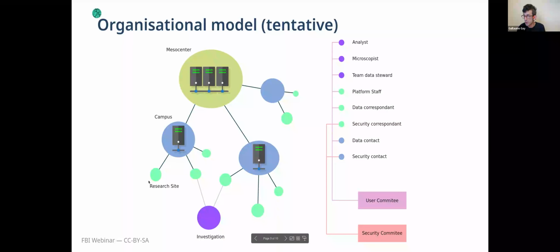As I said, the research site is the smallest unit of organization, and people will belong to a research project, an investigation. The investigation is where you say which people do what. One investigation will go do images on a research site and import them in a campus, and then the data is transported to the Mesocenter.